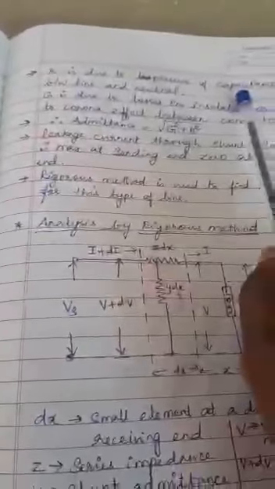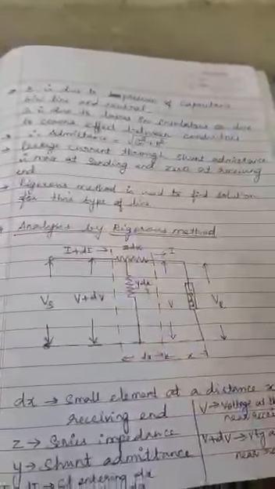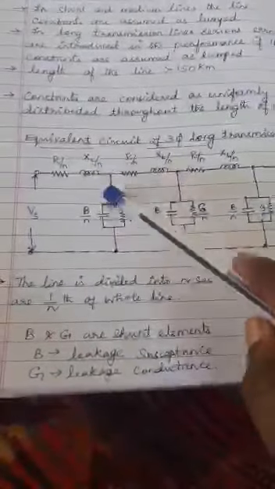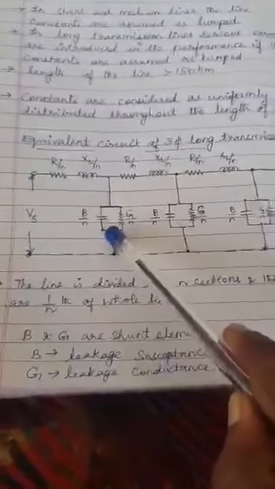Now, this B is due to the presence of capacitance between the line and the neutral, and G is due to the losses in insulators or due to the corona effect between the conductors. As I said earlier, the admittance can be calculated from this formula. The leakage current through this shunt admittance will be maximum near the sending end, and it reduces as it approaches the receiving end, where it reaches zero.